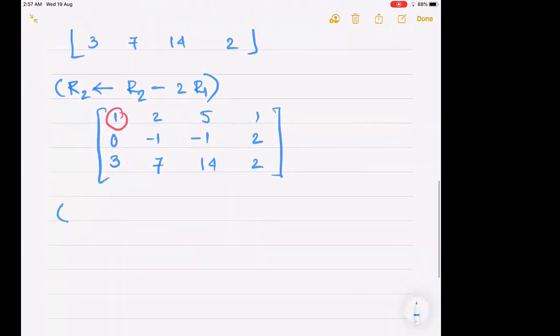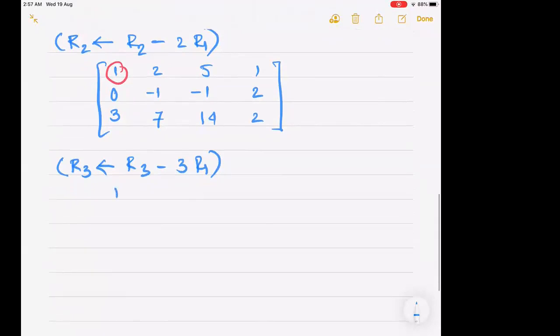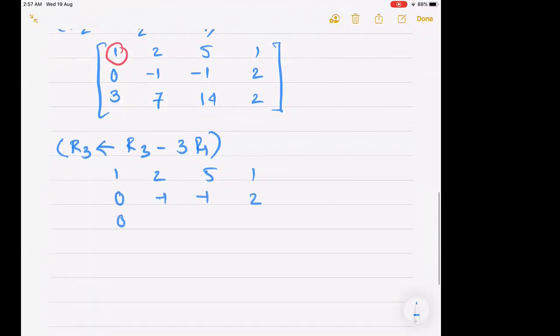I'm going to substitute row 3 by row 3 minus 3 times row 1. Let's see what happens. The first row is unchanged, 1, 2, 5, 1. The second row is 0, minus 1, minus 1, 2. The third row's first entry will become 0 now, then 7 minus 6, which is plus 1, then 14 minus 15, which is minus 1, and then 2 minus 3, which is minus 1 again.